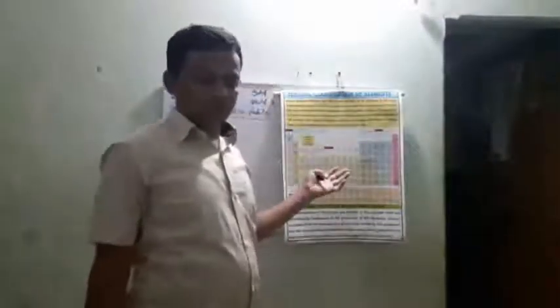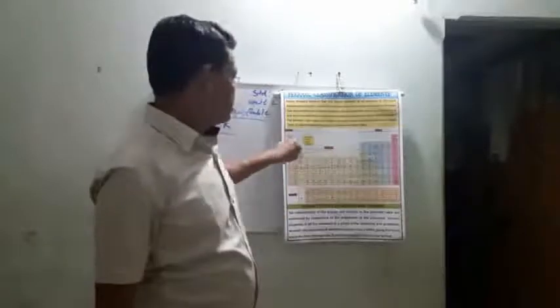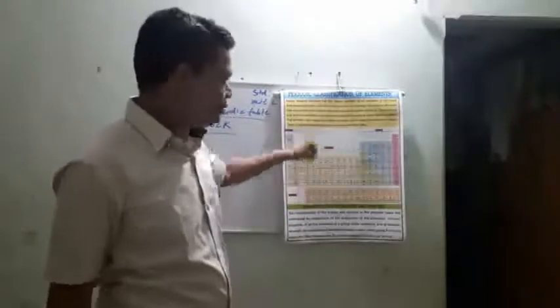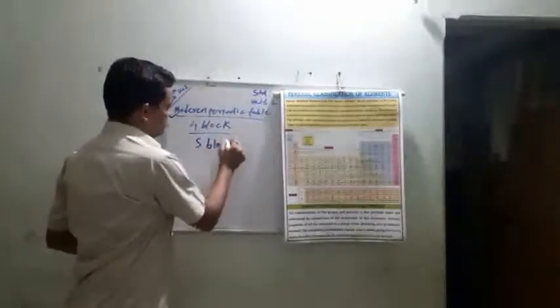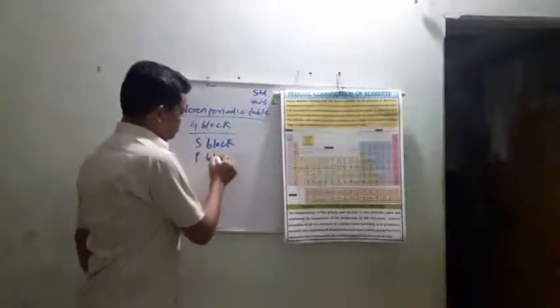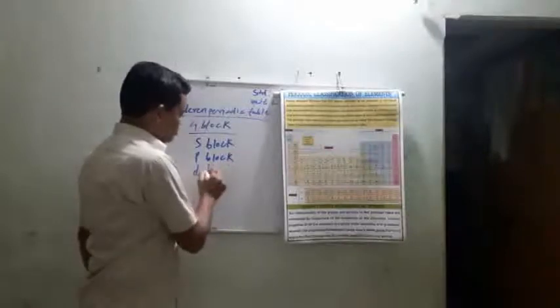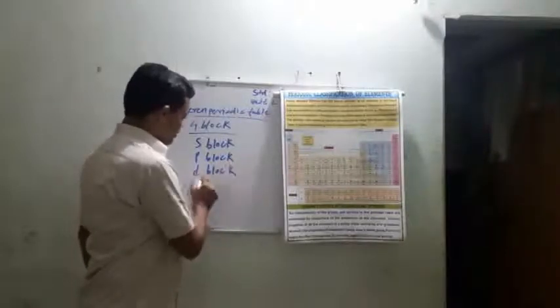The names of these blocks are, as you can see in this chart, S block, P block, D block, and F block.